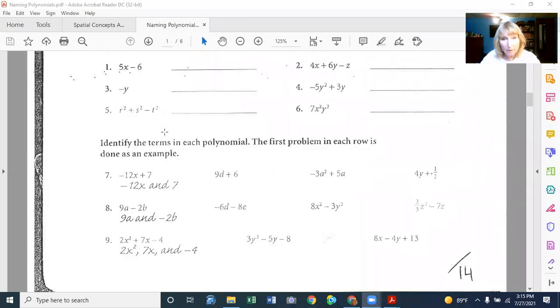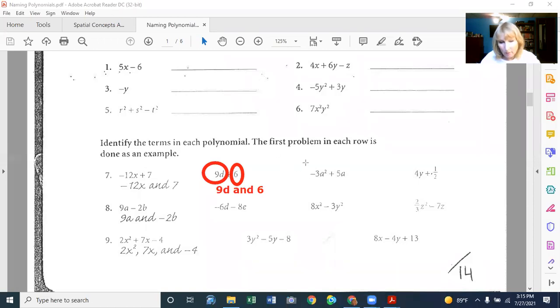It says, identify the terms in each polynomial. The first problem in each row is done as an example. So you have to figure out which things are terms. If I go to row 7, number 2 here, I have a 9d as one term, and I have a 6 as another term. So I would write 9d and 6. I think this is pretty straightforward.